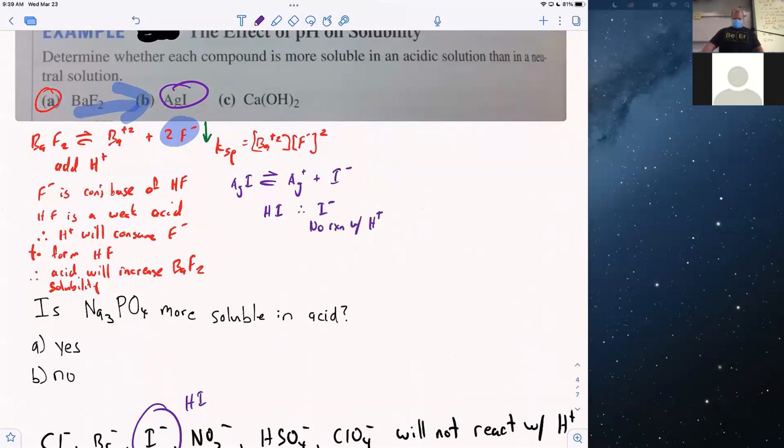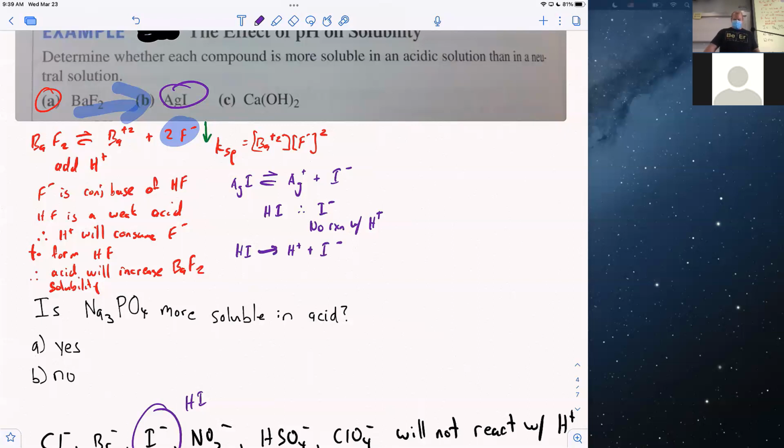So with a proton. Iodide is the conjugate base of a strong acid, and the strong acid goes HI in one direction, H plus, I minus. It does not have the reverse reaction.